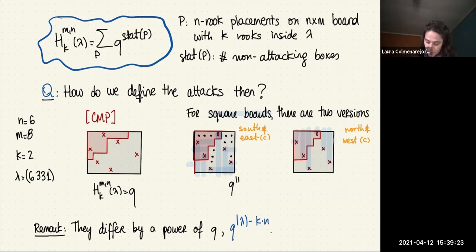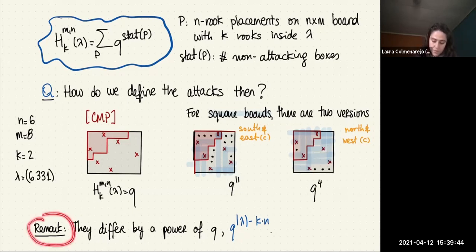This one will cover all of this, this one will cover all of this, this one, this one, this one, and this one. And here I should only have four left: this one, this one, and this one. So here I have a Q to the 4.